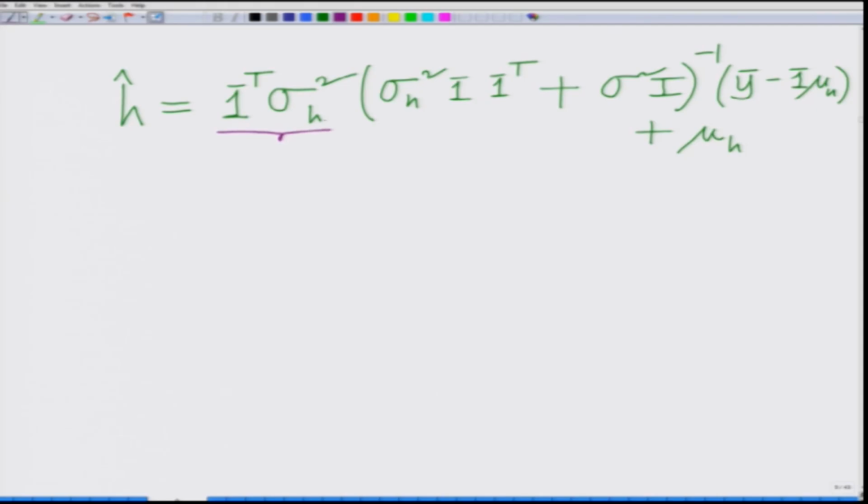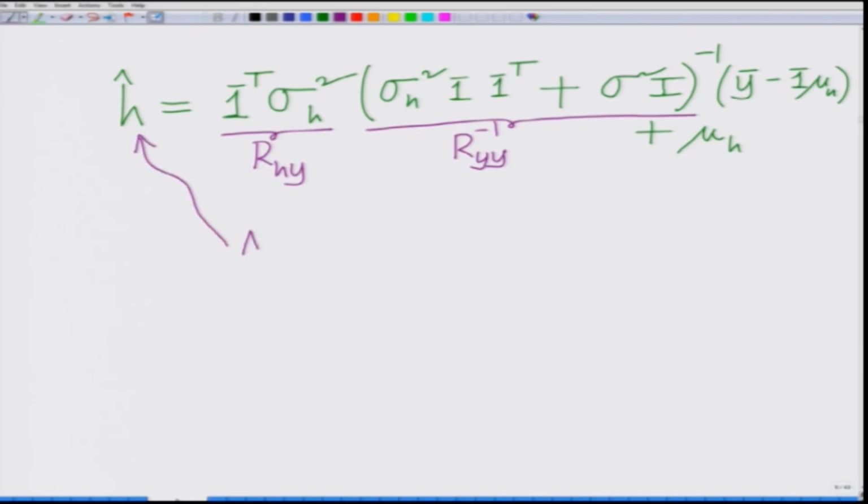And remember, we said this is basically the expression for R h y, and this is R y y inverse, where R y y is sigma h square 1 bar 1 bar transpose plus sigma square times the identity matrix. What is this?